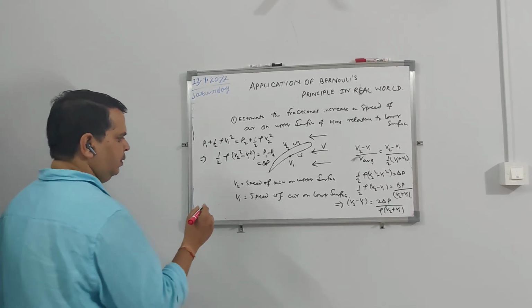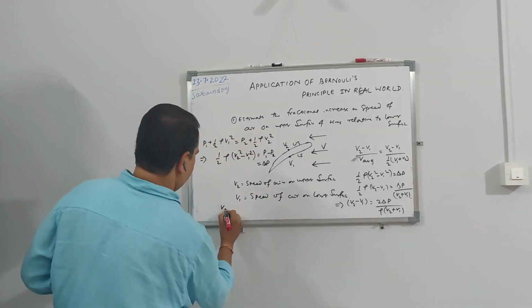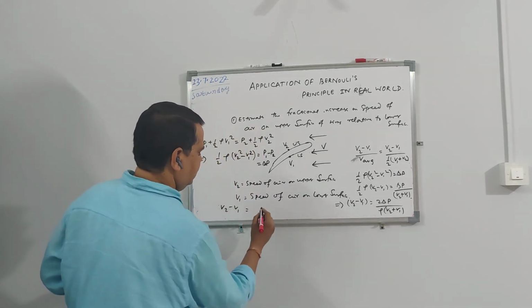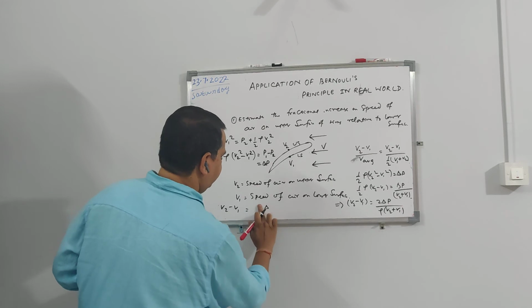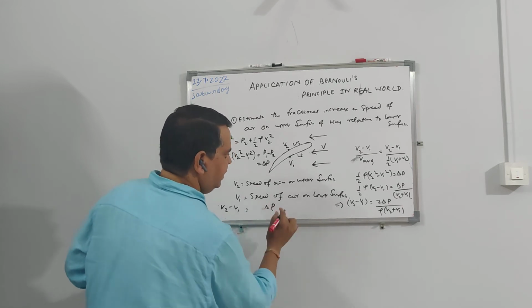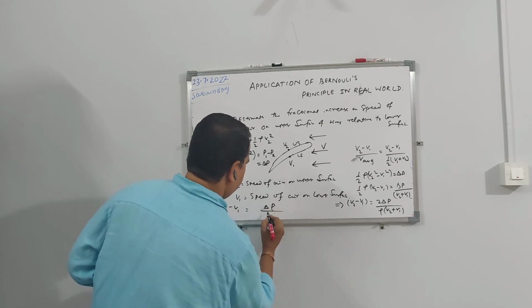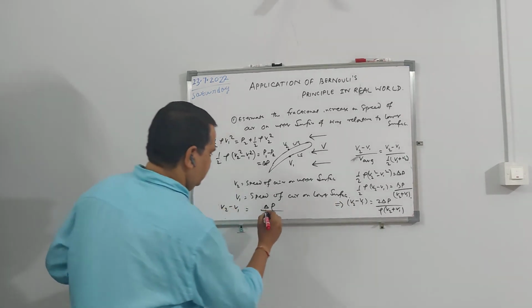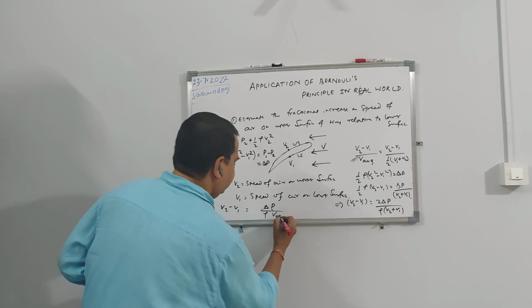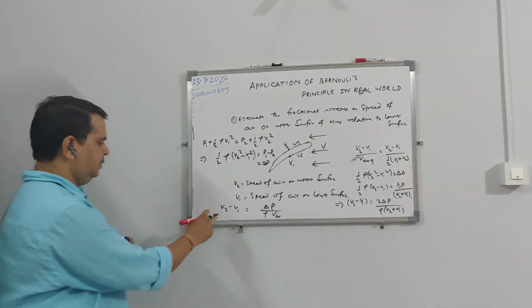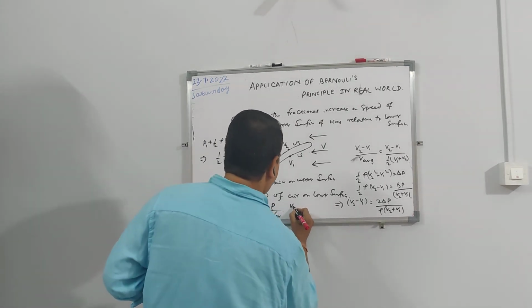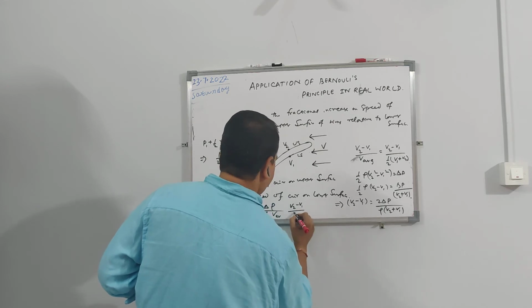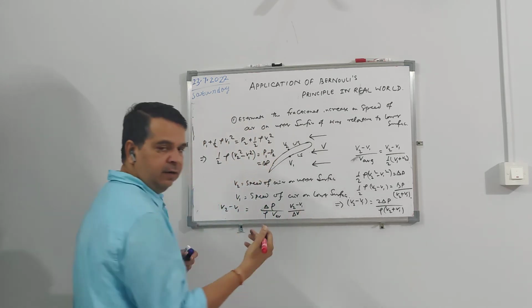So this becomes V2 minus V1 is equal to 2 delta P divided by rho into V average, right? Then you want to find V2 minus V1 divided by V average, because you want to find the percentage.